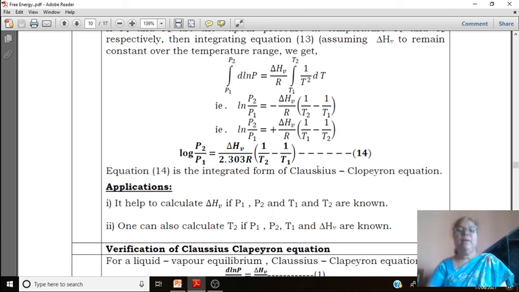This is the integrated form of the Clausius-Clapeyron equation: log P2 by P1 equals delta Hv upon 2.303 R into 1 by T2 minus 1 by T1. So problems based on this equation may be asked.